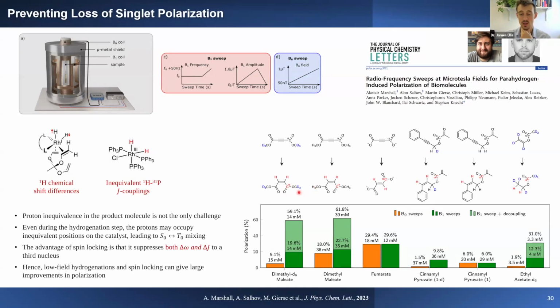So if you have some nuclei that relax quickly, like deuterium, this acts as a relaxation sink for your polarization. For this dimethyl malleate, if we compare the B0 sweep with the B1 sweep, we have similar polarization for both cases. But if we look at the same molecule, but we've deuterated those methyl groups, then the polarization is significantly lower if we use a B0 sweep.